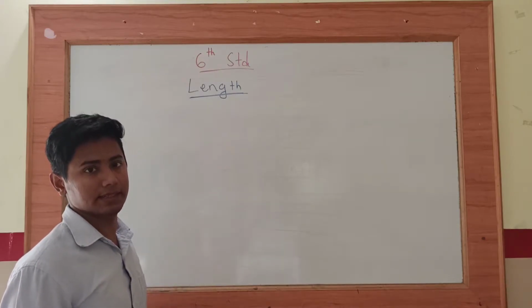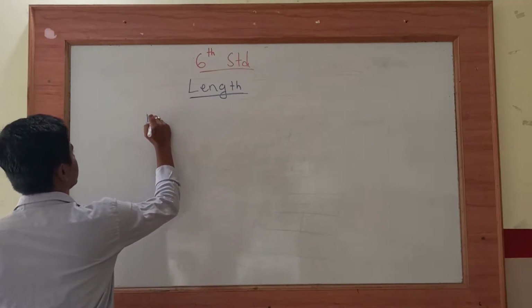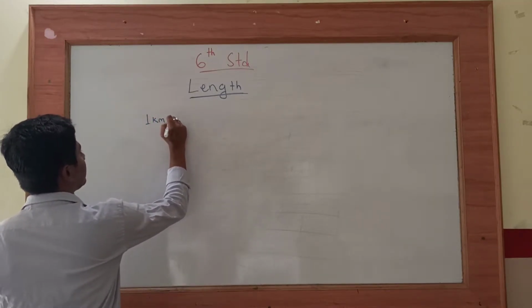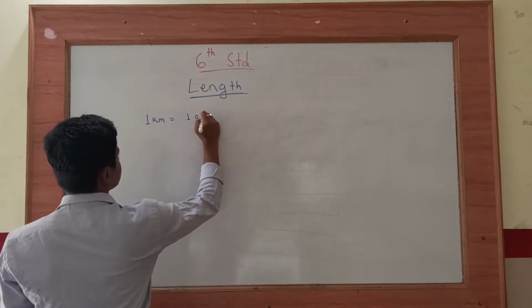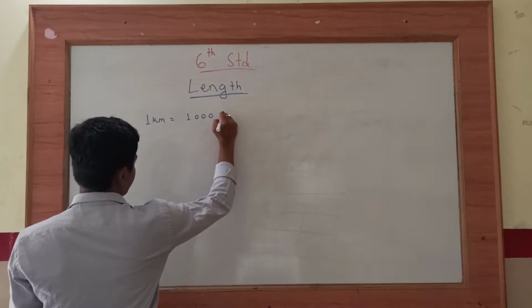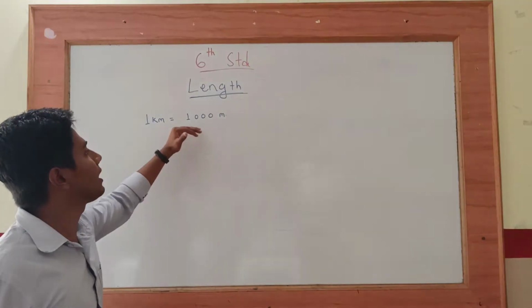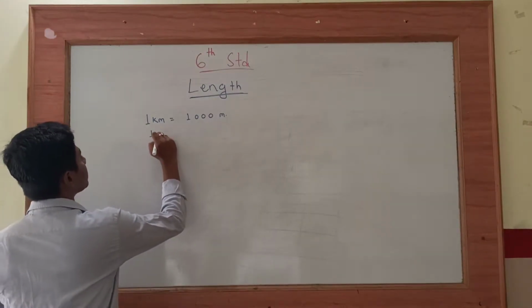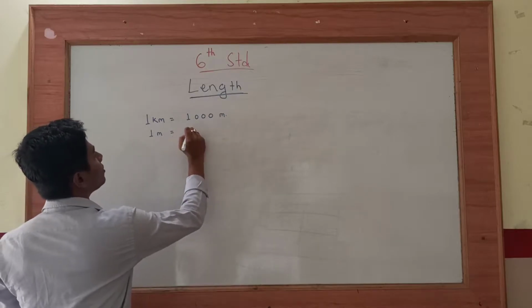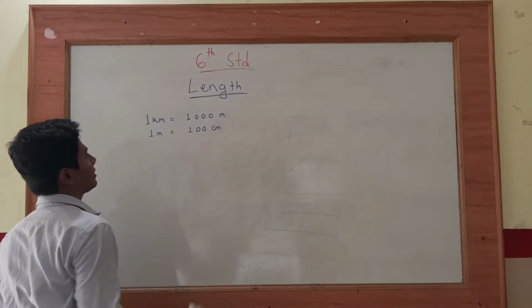So first we write 1 kilometer equal to 1000 meter, and 1 meter equal to 100 centimeter.